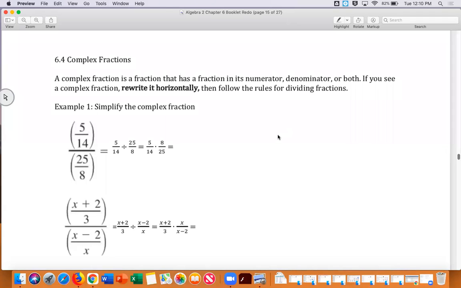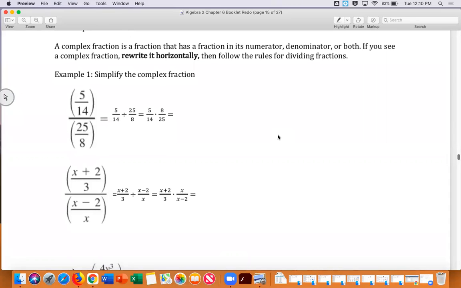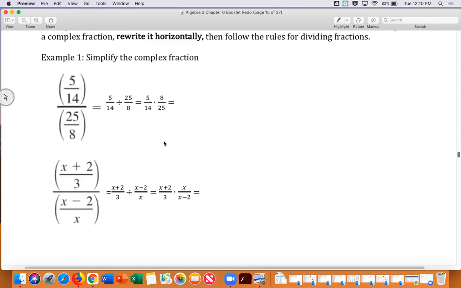Just to review what we were doing yesterday, we had 5/14 divided by 25/8. Okay, Jake, we flip it, so we multiply by the reciprocal. So we do 5/14 times 8/25.